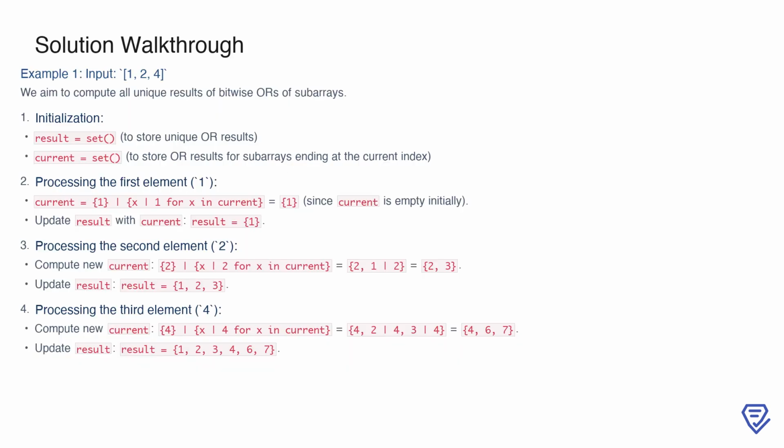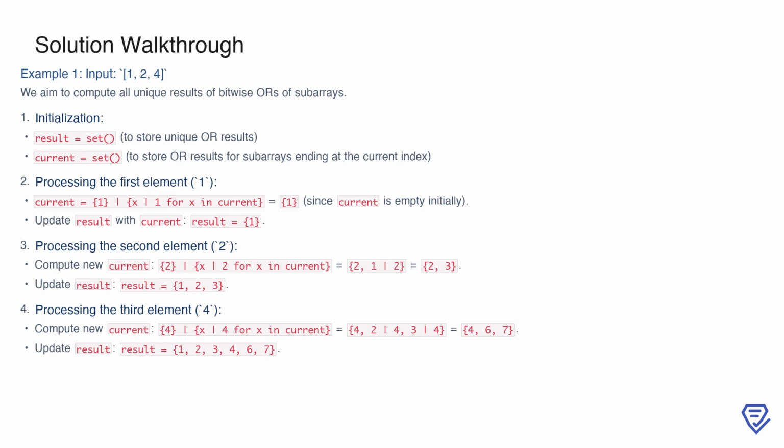To solve this problem, we want to compute all unique results of bitwise OR operations for the subarrays of the input array [1, 2, 4]. We start by initializing two sets, result, which will store all unique OR values across the entire array, and current, which will track OR results for subarrays ending at the current index. First, we process the element 1.